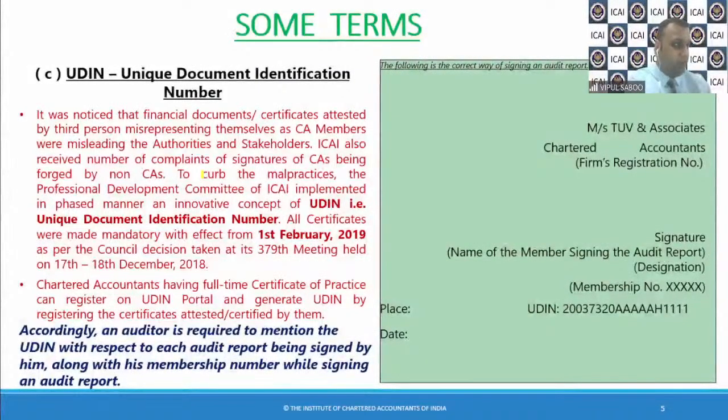Please let me know. Very interesting concept. Unique document identification number. Yes.